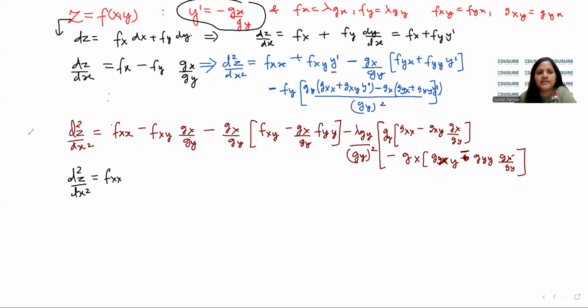This is f of xx minus f of xy gx gy minus gx by gy f of xy. And we had lambda somewhere. So this fy was lambda.